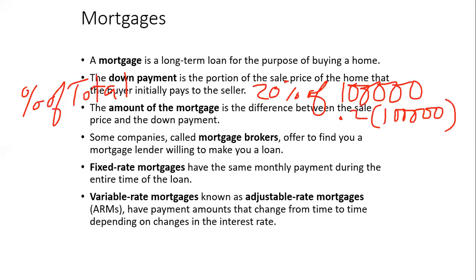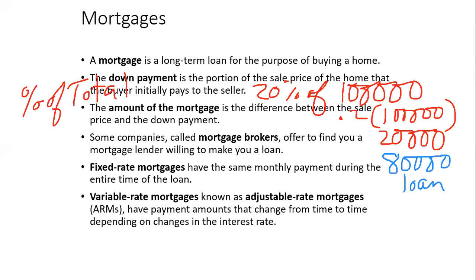So down payments can be significant chunks of money. And this is money that doesn't go into the amount of loan, because you're going to pay it before you take the loan. So you would say, okay, here's 20,000, but I'm going to take the remainder of the 100,000 as a loan.